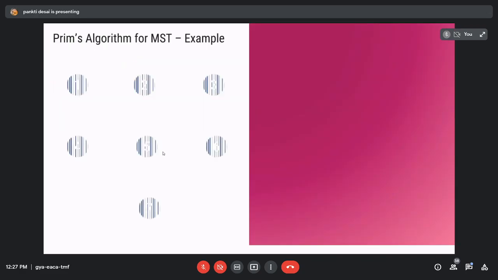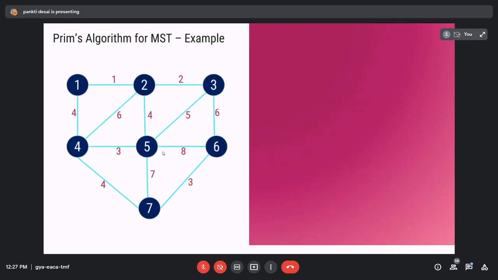So let us understand Prim's algorithm with the use of this graph, right? You can draw this graph in your notebook and solve it using Prim's algorithm. So this is the graph, and we want to generate a minimum spanning tree for this graph using Prim's algorithm.